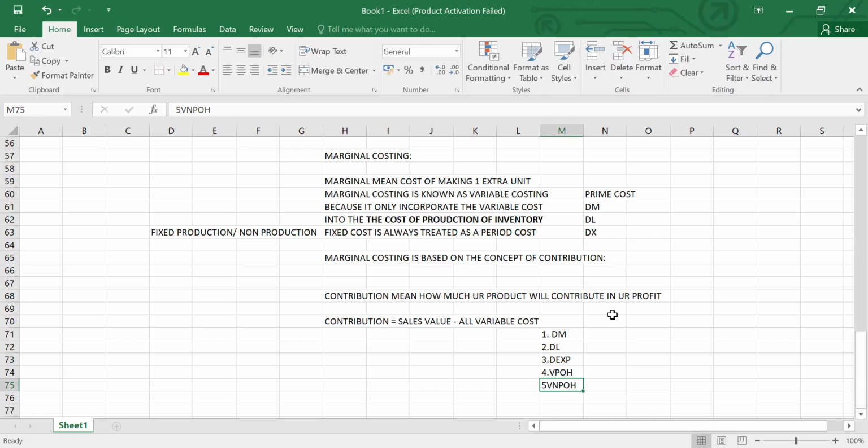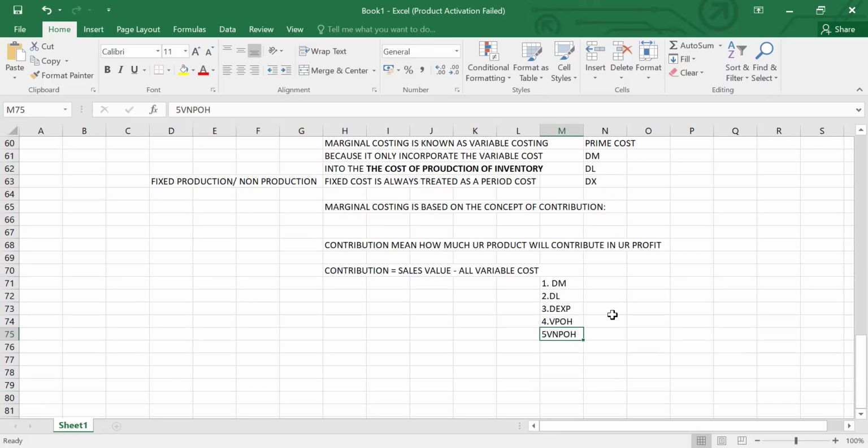I will also tell you this in pictorial form, but currently just listen that in the marginal costing statement of profit and loss, variable non-production overhead is shown separately from cost of sales. So from that perspective, students think that it might not be included in contribution. Wrong, it is included. Okay. So let me show you how this is going to work.